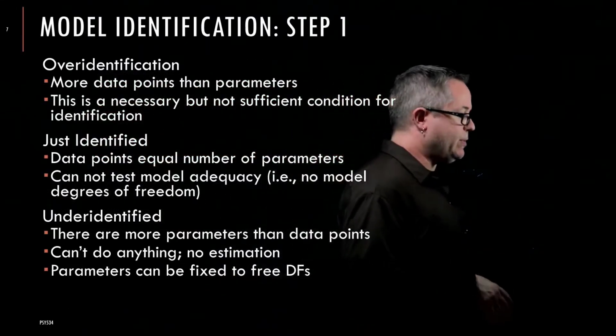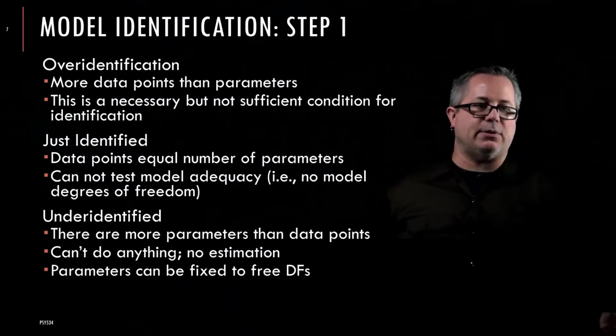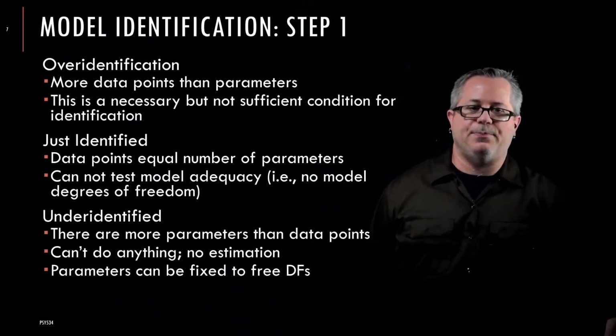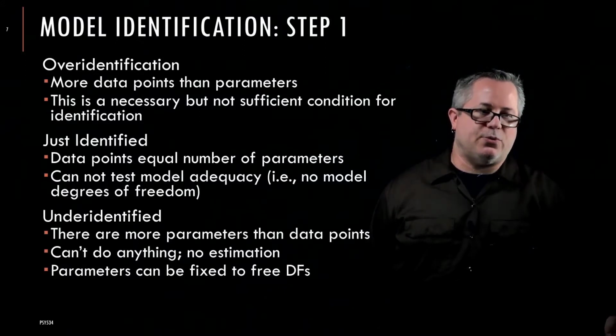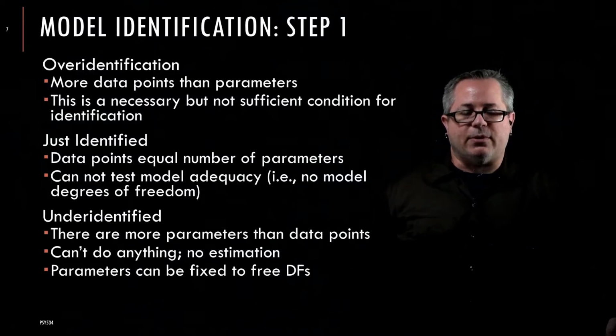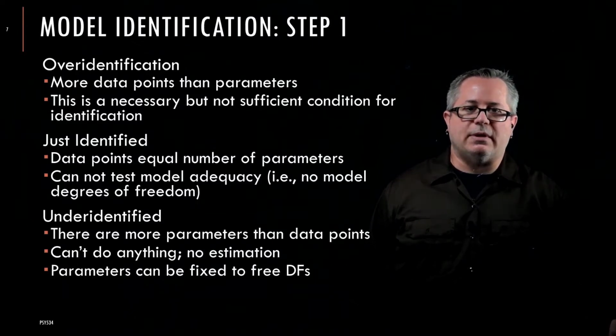So there are 3 forms. This is just referring to the number of parameters versus the number of unique data points. You have over-identified, just identified, and under-identified. They may sound a little bit backwards, but over-identified is actually what you want, typically. You have more data points than parameters. Or the other way of saying that is you're trying to estimate data points with fewer parameters.